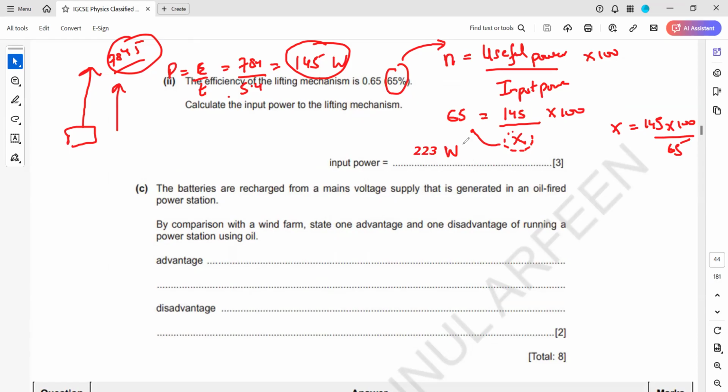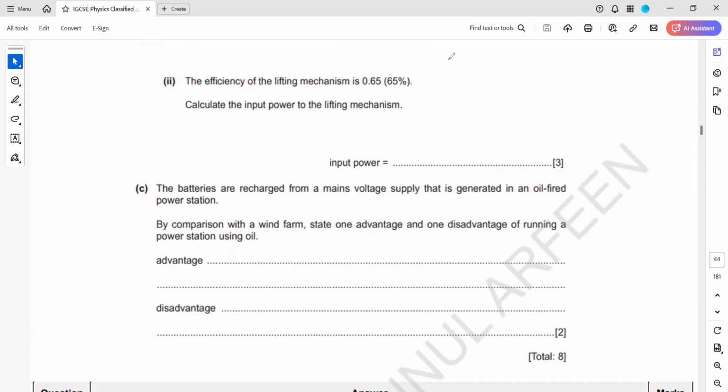There's also another way to do the same question. First you find the total input energy. You use the formula that efficiency is useful energy output divided by total energy input, into 100.